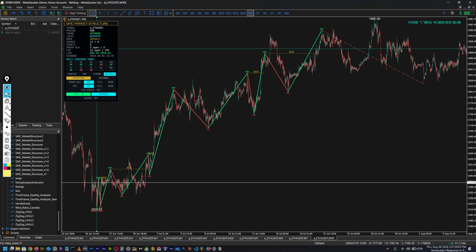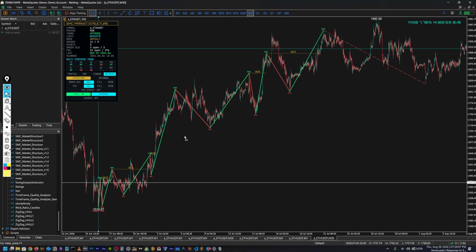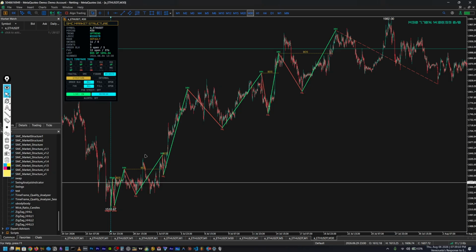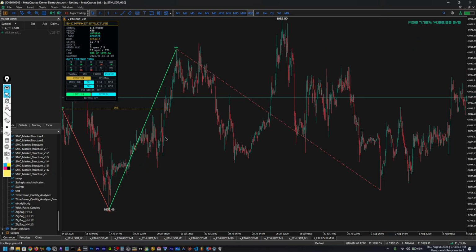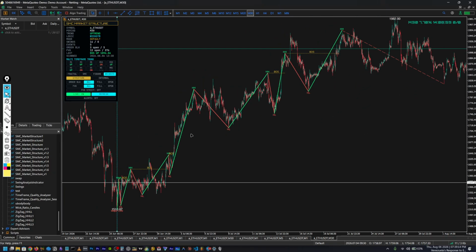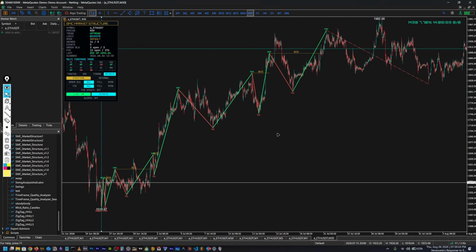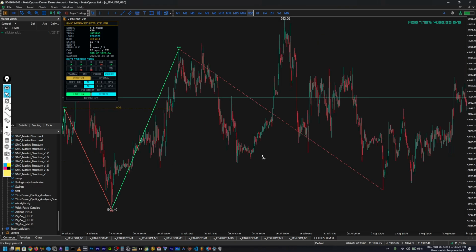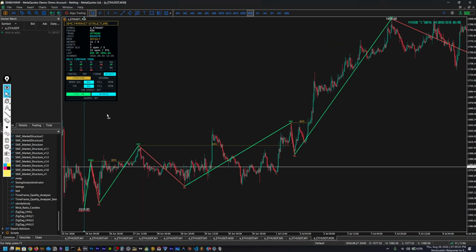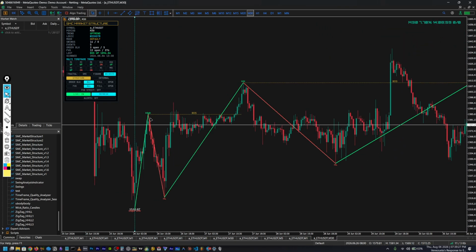This is the major part of when I coded this indicator. The most important thing for me is market structure, because there are many types of market structure. Everybody knows about market structure, but the problem is when you draw the wrong market structure, like some people draw it like this, high low.